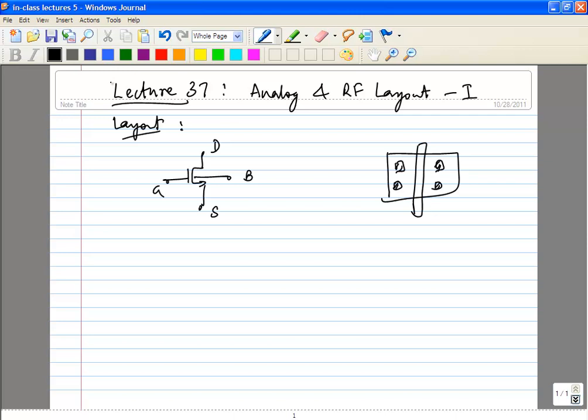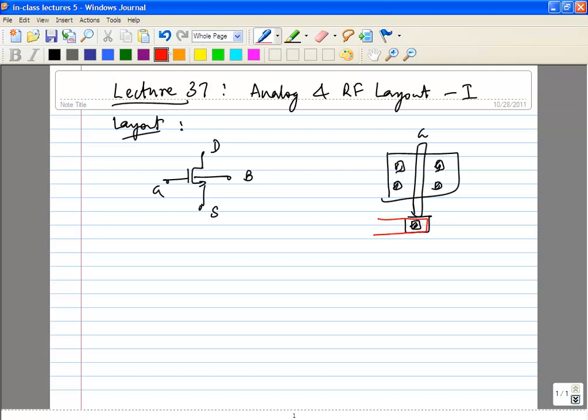So this is the gate. The gate is made of polysilicon. Now you need to contact the gate, so you extend out the gate and put in a contact. The contact is a kind of via which goes from either diffusion or poly to the particular metal layer you want, typically metal 1 in this case.